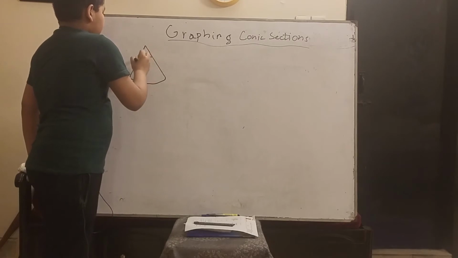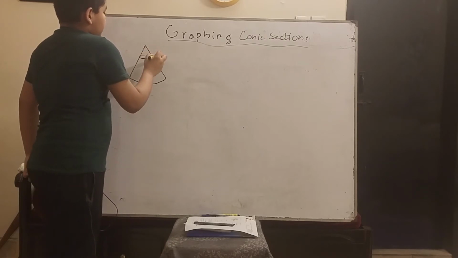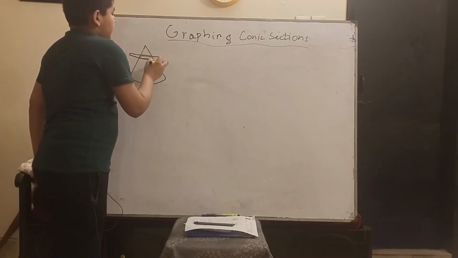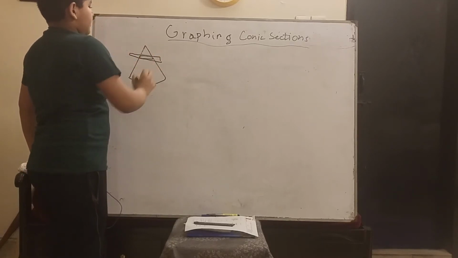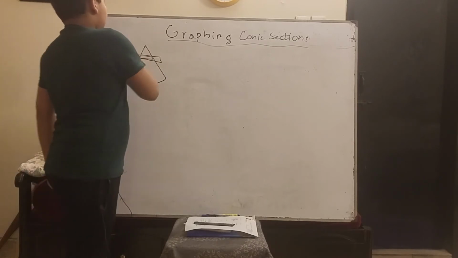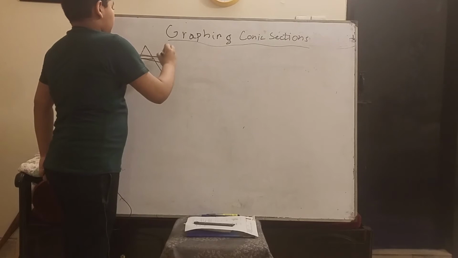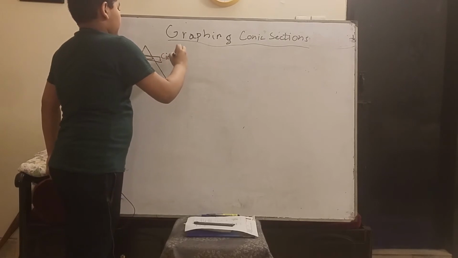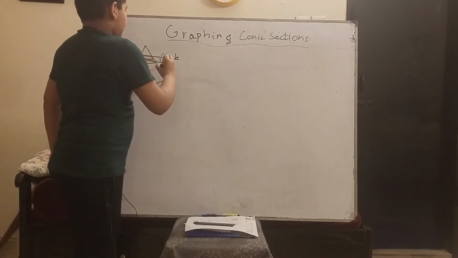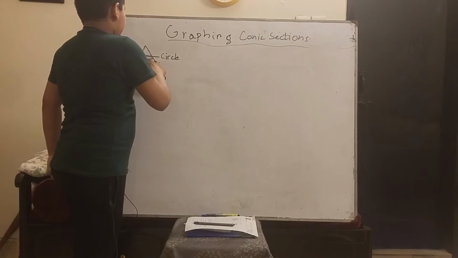So if we have a plane directly perpendicular to the cone's altitude or whatever height, then you will get a circle. If the plane is doing the same thing but tilted, then it's an ellipse.